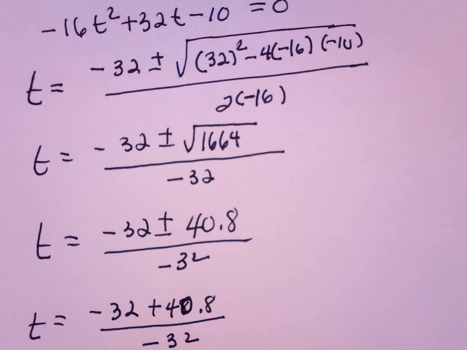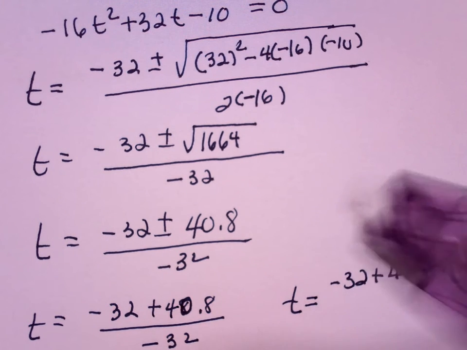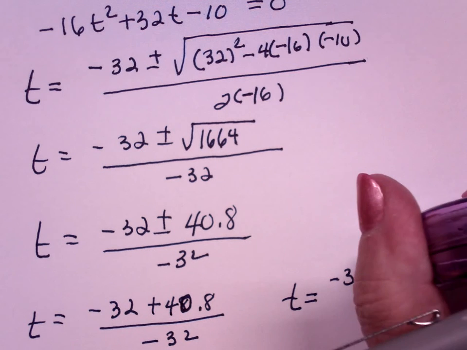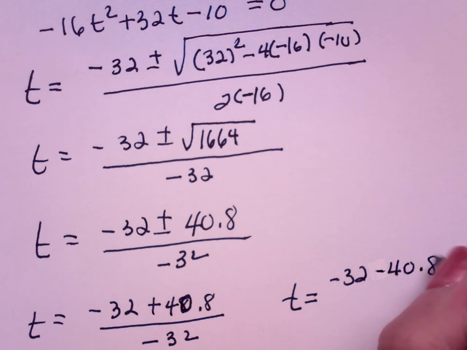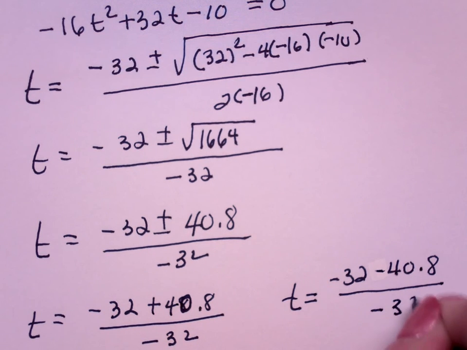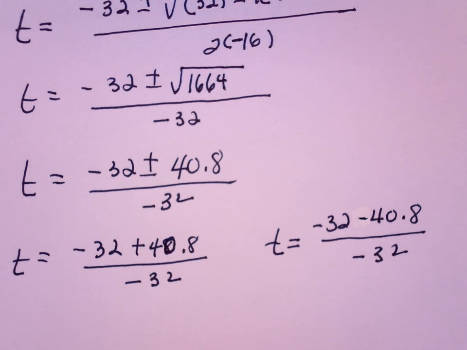Why would I say something's wrong? What should be the case? If I got two answers, shouldn't they both be positive? Look at negative 32 plus 40.8 over negative 32. Negative 32 plus 40.8 is a positive number, is it not?